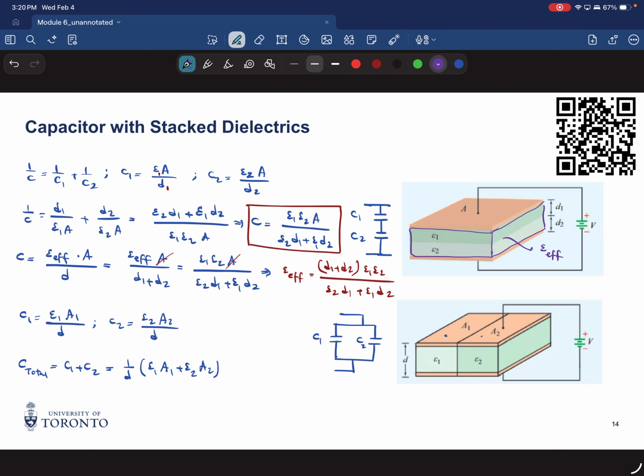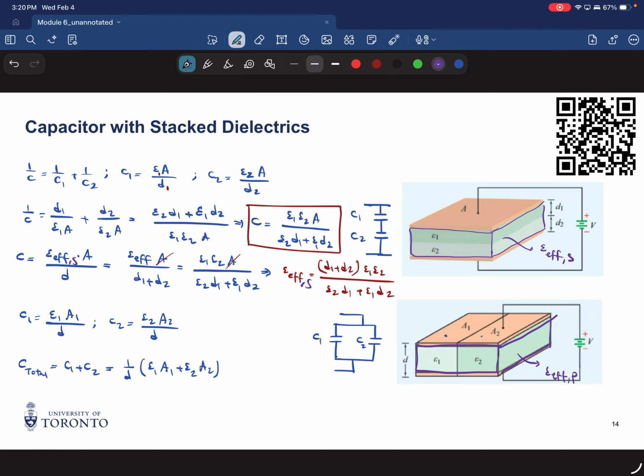I'll call the earlier one epsilon effective series, and this one epsilon effective parallel. So in each of these, you can have a different epsilon effective.